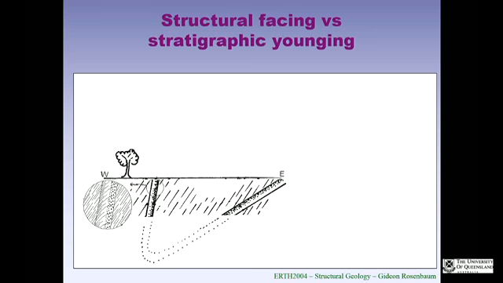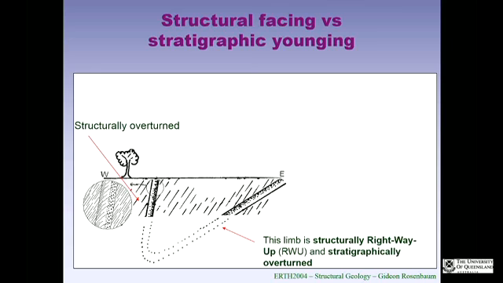Okay, so structurally right way up, stratigraphically overturned. And here we see that the younging is quite steep, but the younging is still above. So it's stratigraphically right way up and structurally overturned. So things here are really messy. And as I mentioned before, we need to come up with a more complex explanation for that. Okay, so that's what we did now.